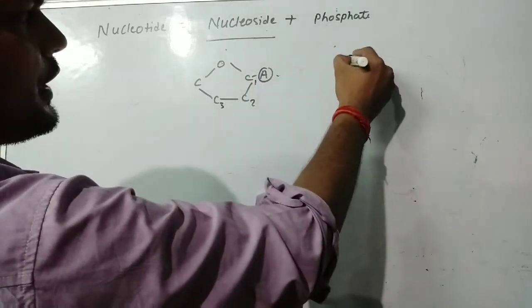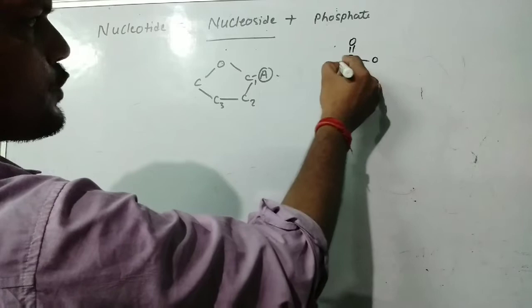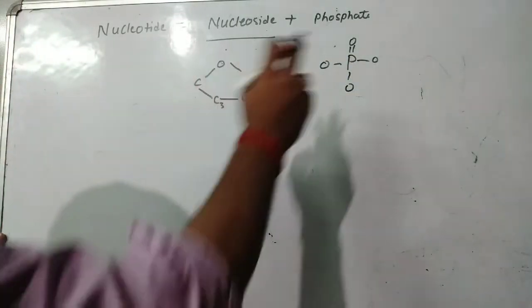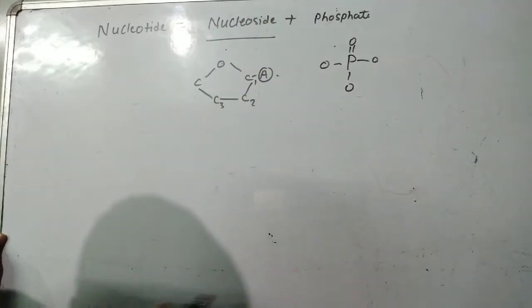The structure of the phosphate is this one. You must be knowing, you have studied in chemistry, the bond is there as a coordinate covalent bond.